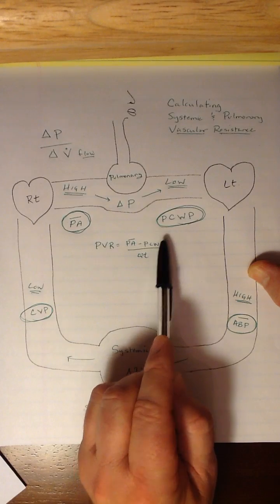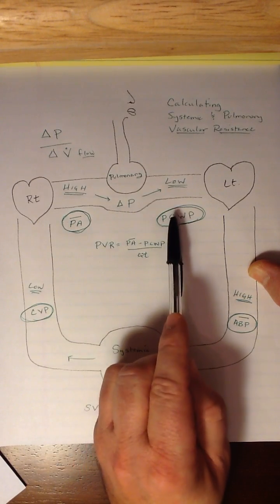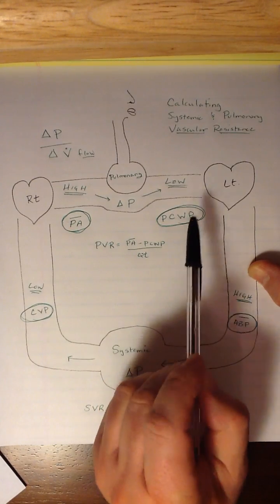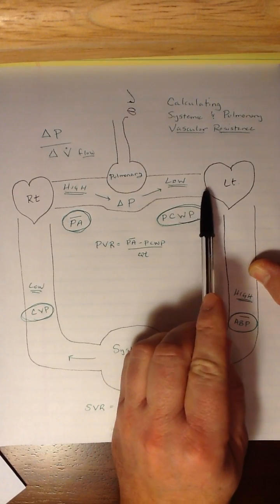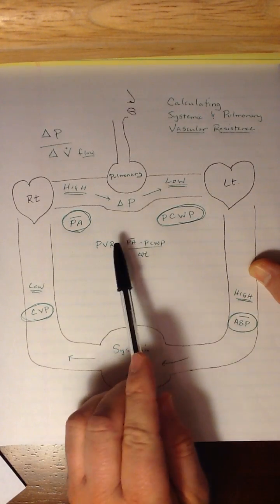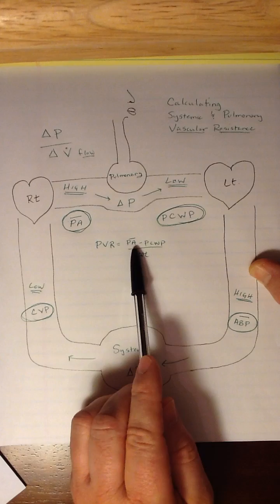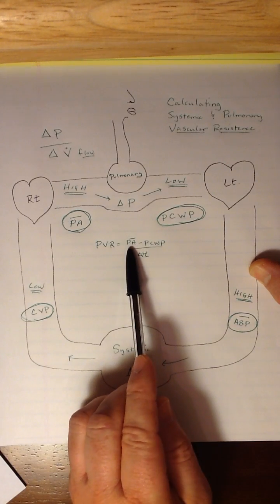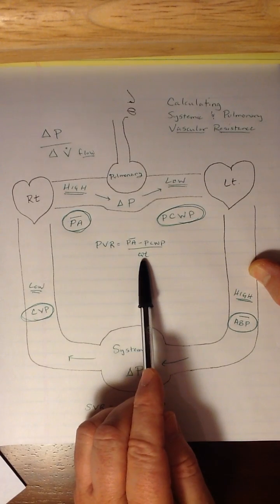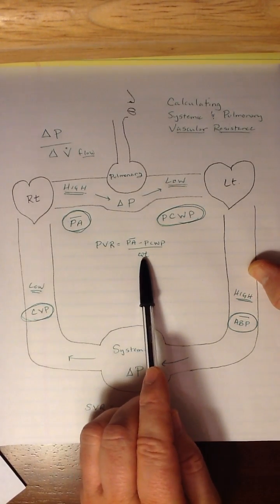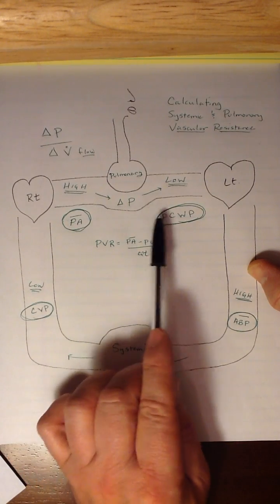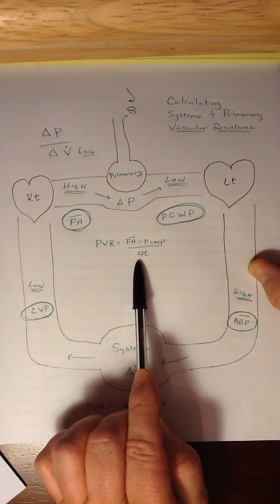Subtracting the low pressure, your low pressure in the pulmonary circuit would be your pulmonary capillary wedge pressure, also known as pulmonary vein or the left-sided atrial filling pressure. So PVR is your delta P, high minus low, over flow, and your flow will be your cardiac output. So that's pretty easy.